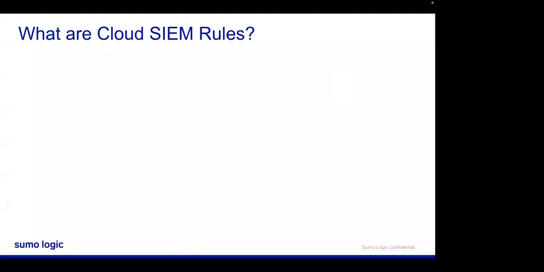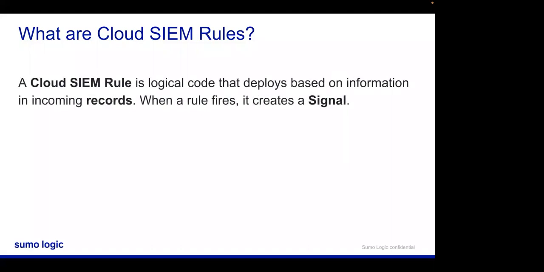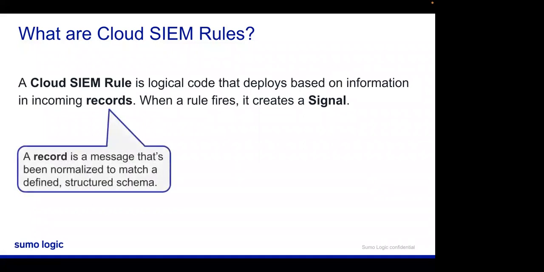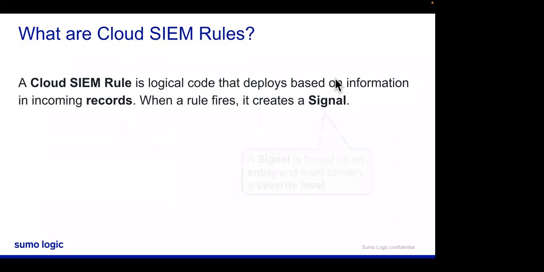So what are Cloud SIEM rules? Cloud SIEM rules are logical code that will fire based on your incoming records. When the rule fires, it generates a signal, and we will also extract out the entity. The record is your information coming from your logs, normalized into a structured schema, though maybe it's unstructured; some of them can be.